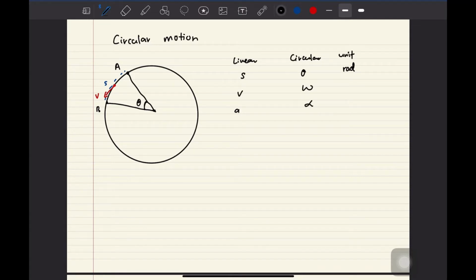So you have the unit of radian per second, and this one will be radian per second square. The relation between S and theta would be S equals R theta, V equals R omega, and A equals R alpha. So this is just a little bit of introduction.